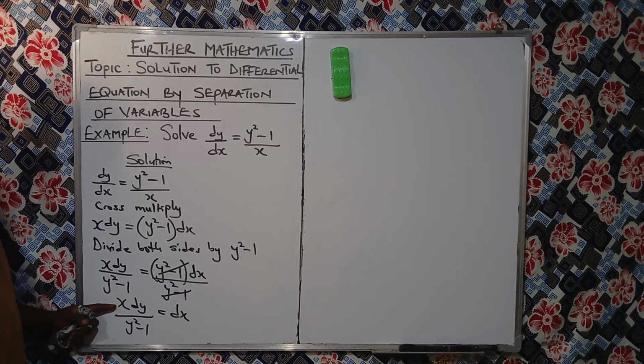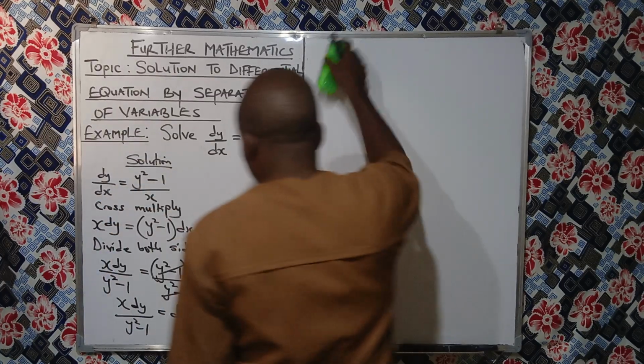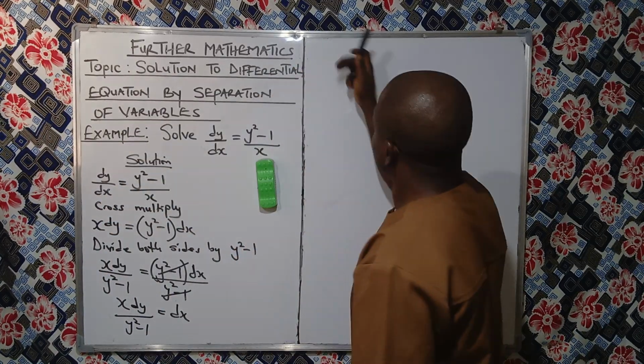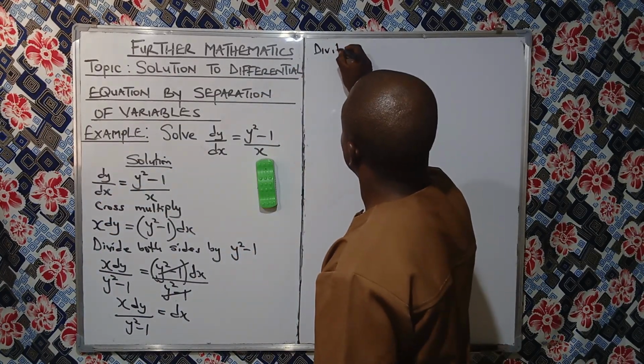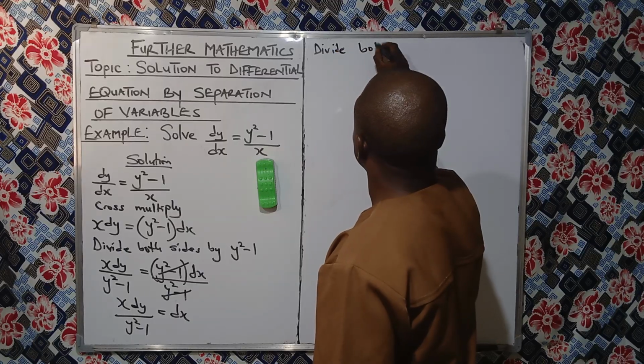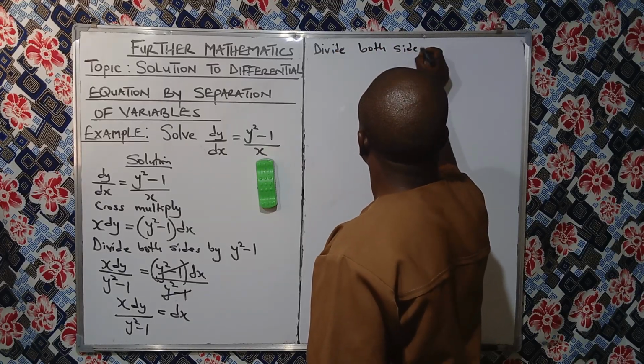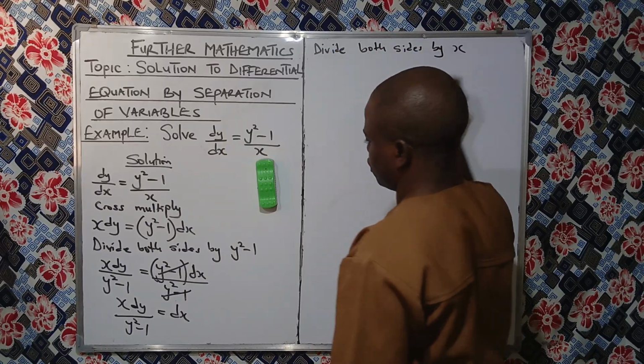We have to remove x from the left hand side so that it goes to the right hand side. Now divide both sides by x.